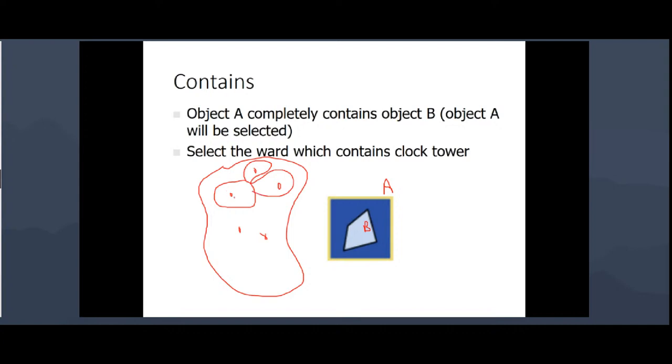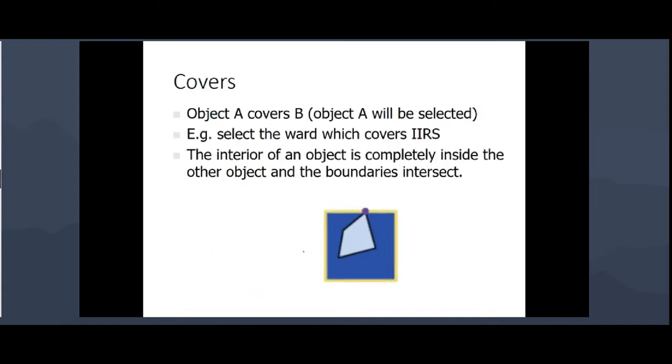So objective is to select the district which contains this warehouse A. Suppose this is warehouse A or this is warehouse X, and the district needs to be selected. So in that case, contains relationship will be used and the district boundary will get selected here, not the inside. The feature which is outside gets selected in contains. Covers and contains are similar, only difference is there is touching from inside.